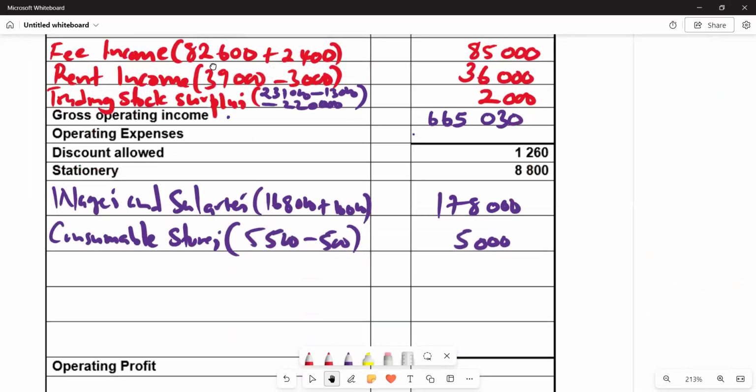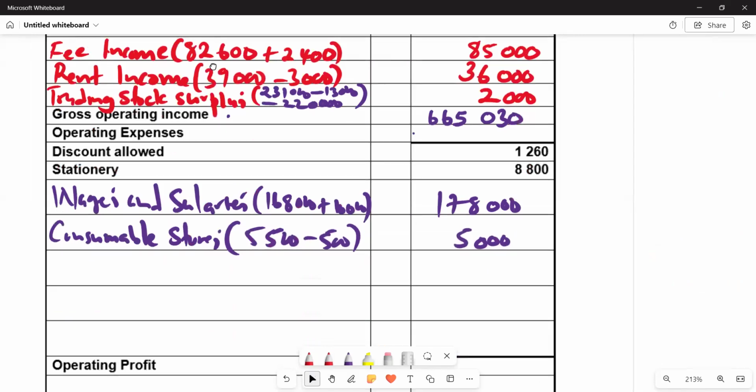We are now saying discount allowed, and the figure that we have is 1,260. At discount allowed, we have it entered here, so we cannot enter it again. It was pre-entered, so we can just leave it.